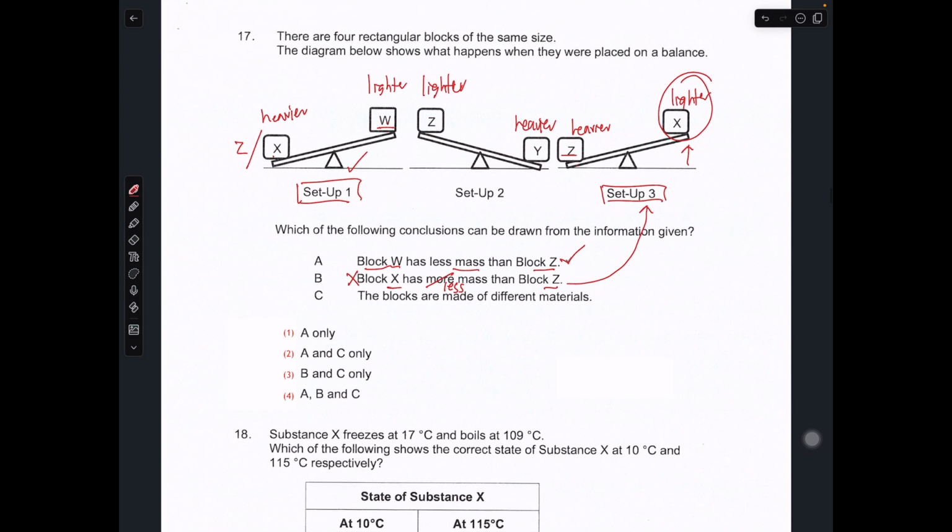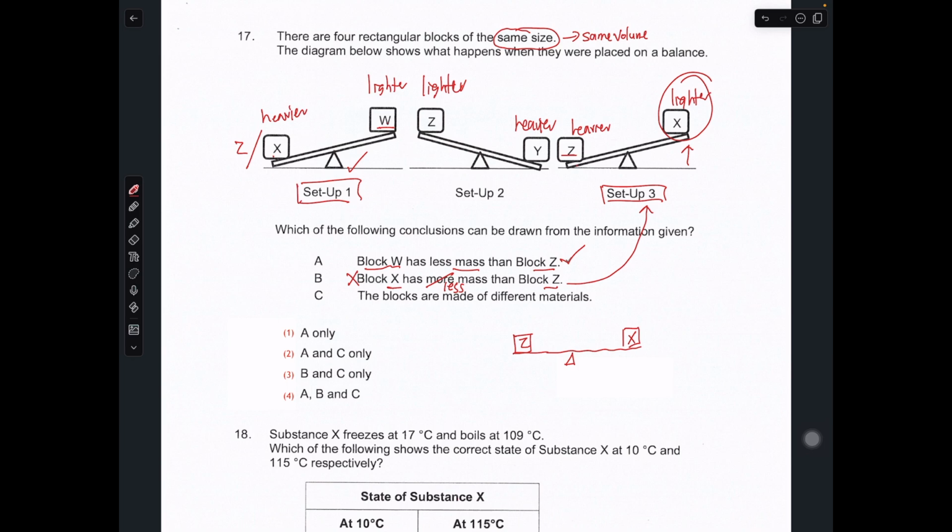They tell you it's the same size. Same size means same volume. If they are of the same size and same volume, when you place them together they should balance. Let's say Z and X, they should balance.